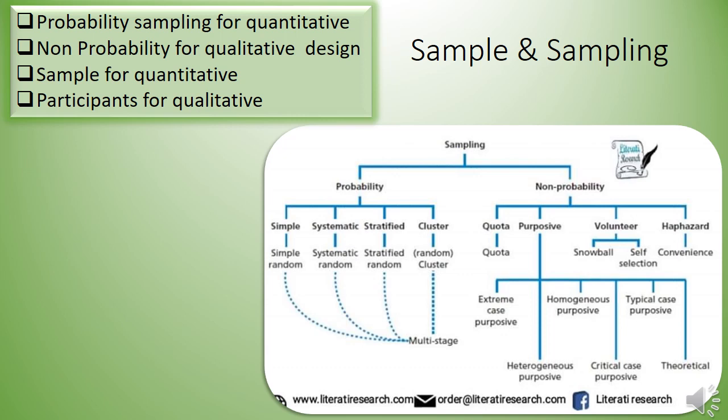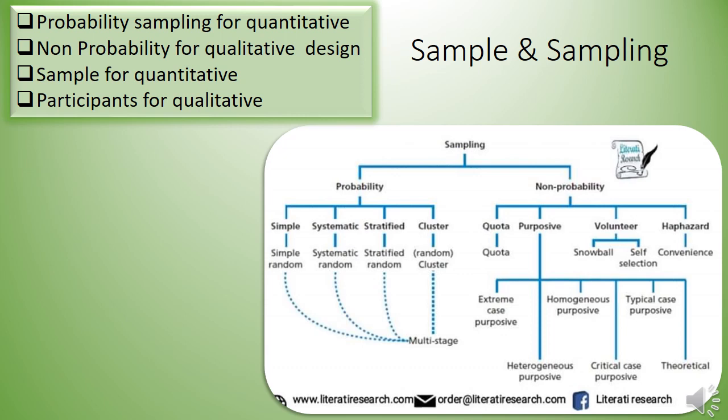Sample or sampling, in the quantitative part, you might have heard a lot about it. The probability sampling technique for quantitative research and non-probability for qualitative design. As a matter of fact, in qualitative research, now the term sampling or subjects is obsolete.